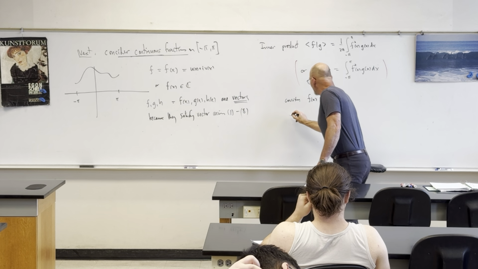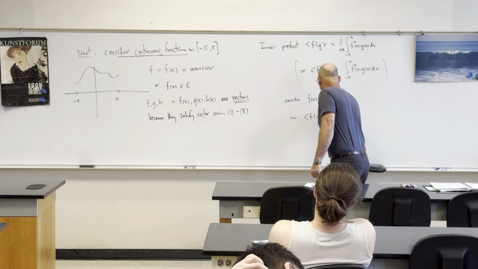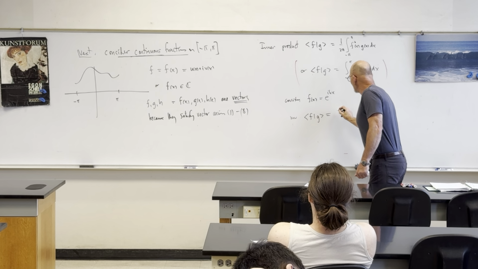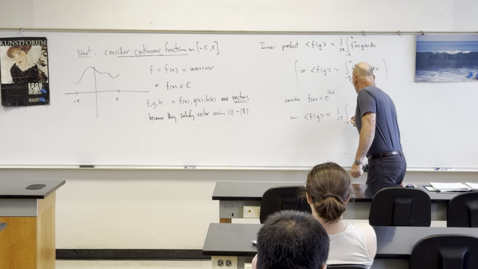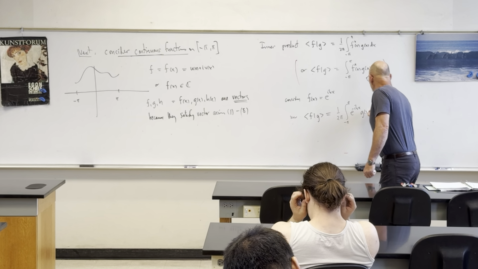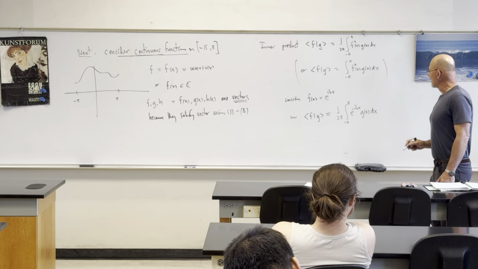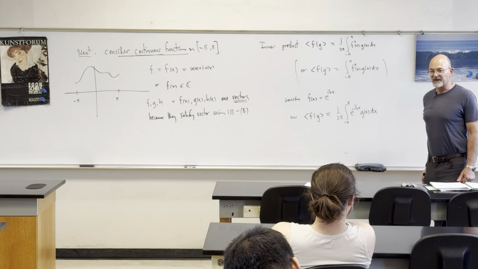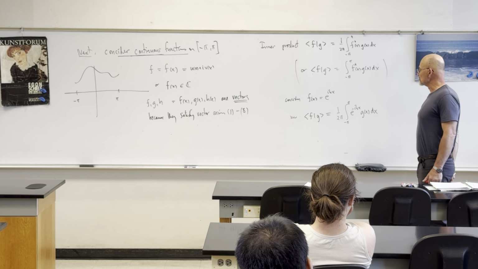So now the inner product of f and g equals 1 over 2 pi times the integral from minus pi to pi of e to the minus i k x, g of x dx. And what is this? This is a Fourier coefficient of this particular function g.